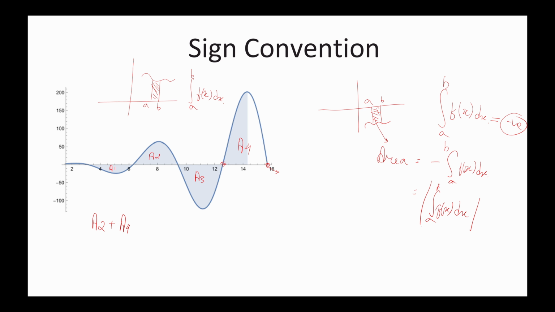They lie above the x-axis. The value is also going to come out to be positive. Plus modulus of A1 plus modulus of A3. Because they are lying below the x-axis, their values would come out to be negative if I take out the integration. That is why I either add a minus sign as I showed here, or I simply take the absolute value by putting the modulus.